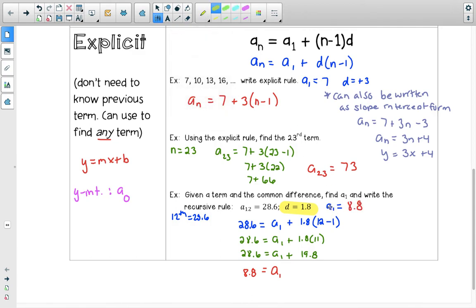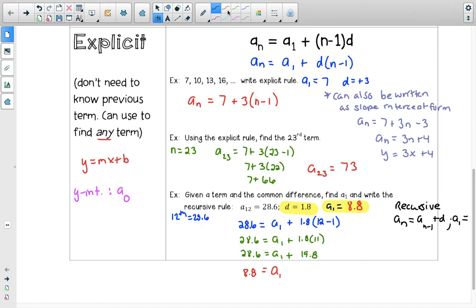Now that we have both of these values, we can write our recursive rule. If we remember the recursive rule, it is a sub n is equal to a sub n minus 1, so that's really next equals now, plus your common difference. Then we need to know what our a sub 1 is, so starting at.